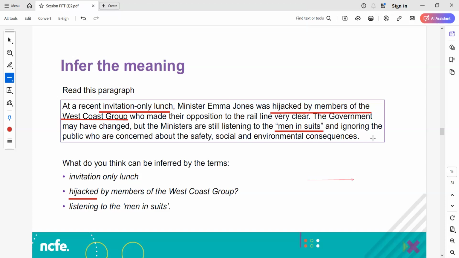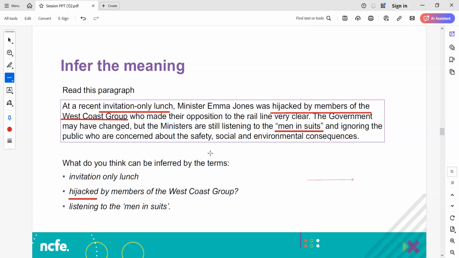Government workers, yeah, but also business people. So it says the ministers are still listening to the men in suits and ignoring the public. So the implication now is that the government are listening to the businesses and not the general public.